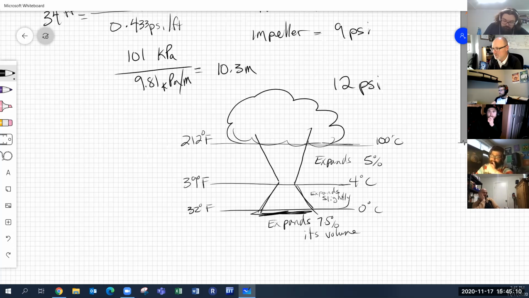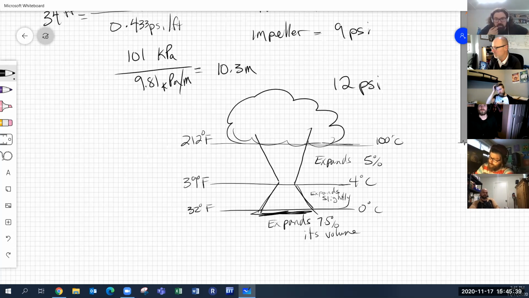Hence, we require expansion tanks on our heating systems. We also require expansion tanks on small commercial buildings on water lines where they have a closed system, meaning a backflow prevention device or cross connection control device to prevent contamination of the city water from the premise, a premise isolation.